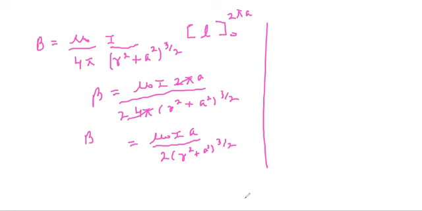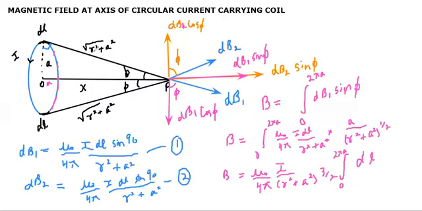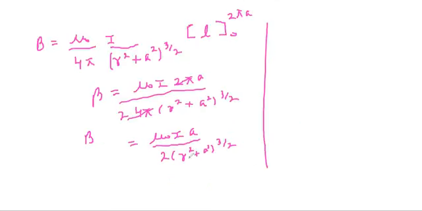By mistake, I have written this as r squared plus a square, so let this be r. So r becomes a. This was r from O to P, but if this point P shifts here, the distance would be a only. So you can replace r by a, and a square plus a square becomes 2a square, to the power 3 by 2. This would be the magnetic field at the surface.